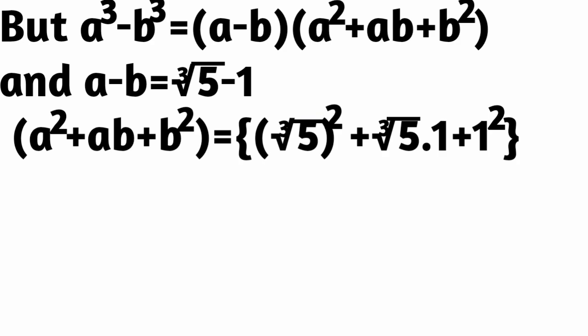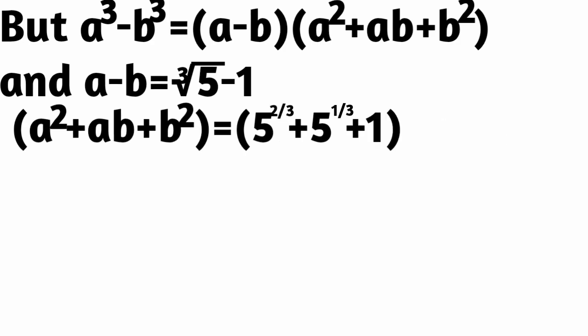Here the power of 5 in the first term will be 2 by 3 and in the middle term 1 by 3. This is the value of a square plus ab plus b square.